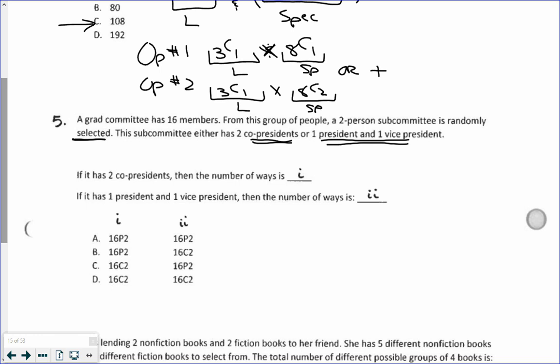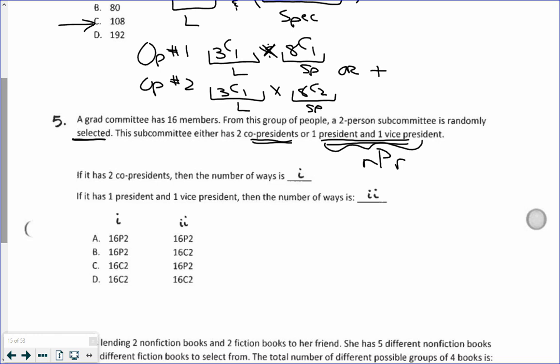Next time, I pick Keaton and Jayla. Jayla's president, Keaton's her vice. Is that a different committee? Yes, because their roles are different. So when you have these two roles, this makes it a permutation question because the different roles imply a different committee. However, Keaton and Jayla, I'm selecting both of you, and you're both going to be presidents.